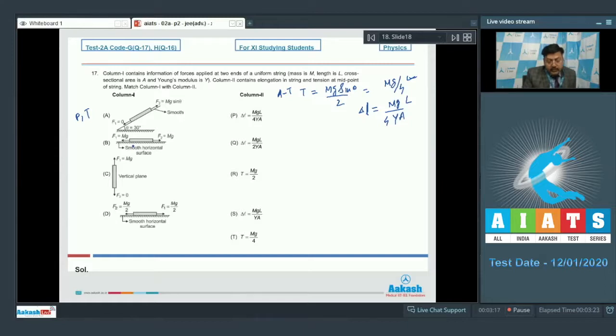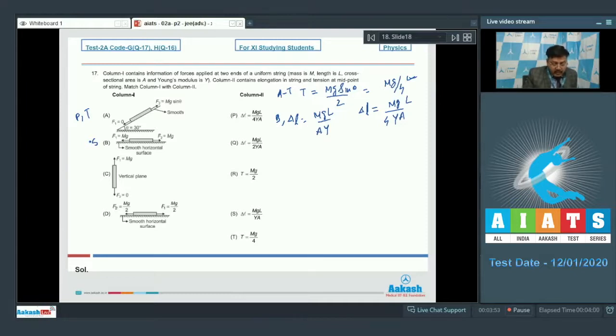So T equal to mg is not an option on the right hand side, but the elongation for B, delta L, will be simply mg L by AY, and if we look at column 2, it is matching with S, so B matches with S as far as delta L is concerned. Of course for T there is no correct match for B.